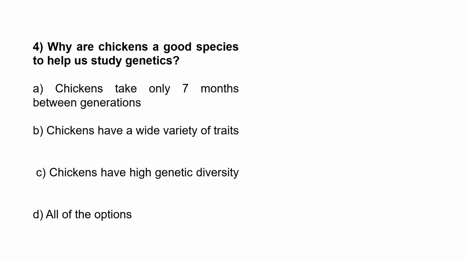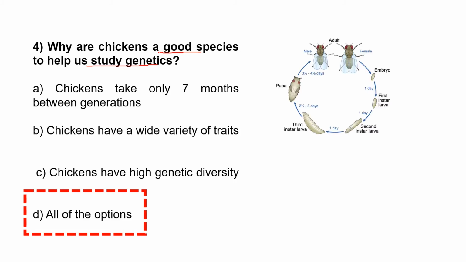And now let's try to answer this question. Why are chickens a good species to help us study genetics? And if you remember, we studied last time what a model organism was. So in this case, the answer will be all these options. If you remember, chickens take only 7 months between generations, and on the other hand, for example, humans will take years. So these 7 months is a more or less rapid generation.